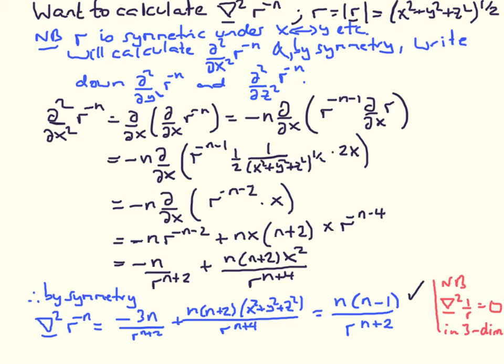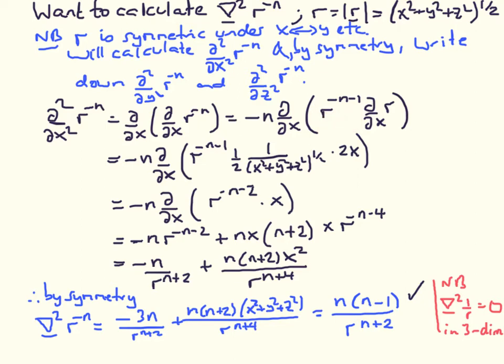So let's start calculating this second derivative. The second derivative is the derivative of a derivative, and when we differentiate this, we're going to bring minus n in front, and that's just a constant, so I'm going to pull it outside of this derivative here, write it here. And then we reduce the power by 1, so we go from r to the power of minus n to the power of r to the minus n minus 1, which I've written here.